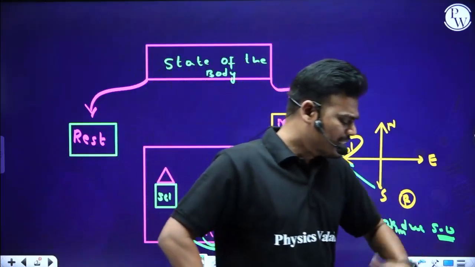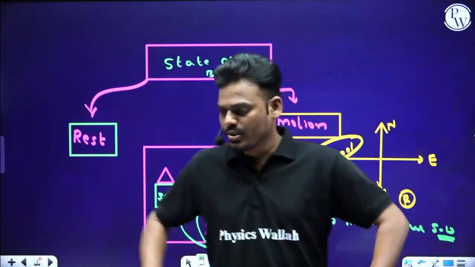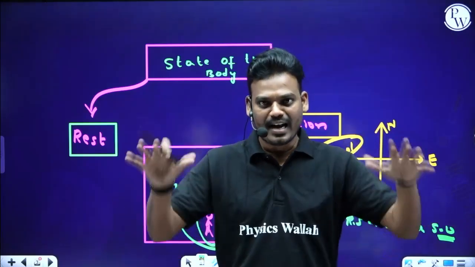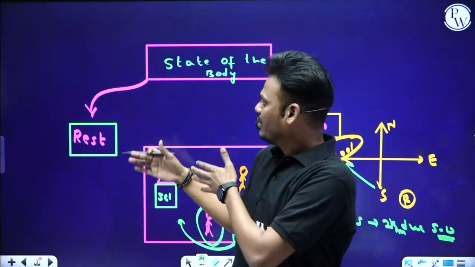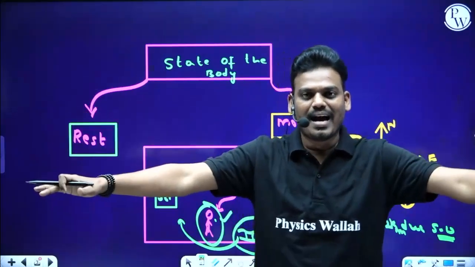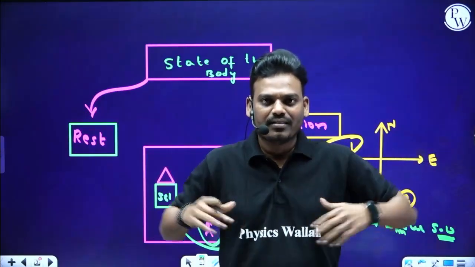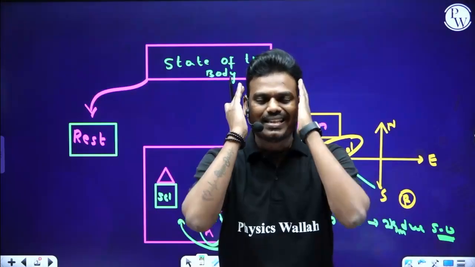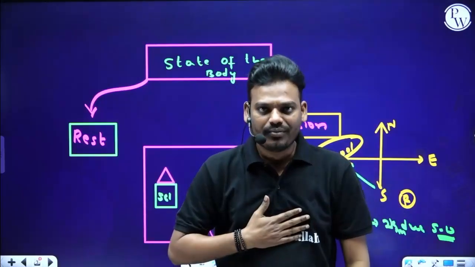So let's consider one more example. Just imagine this entire place as our school and our classroom. Here there is a screen, that is a smart board. This is your class. So for me, this screen is a reference point. I am the observer.